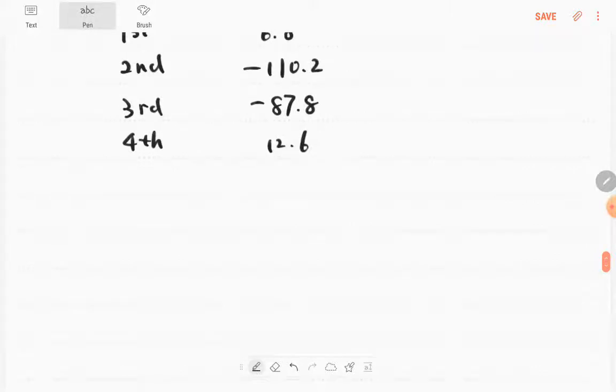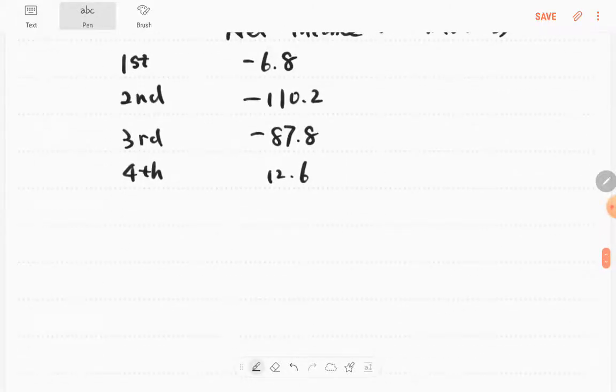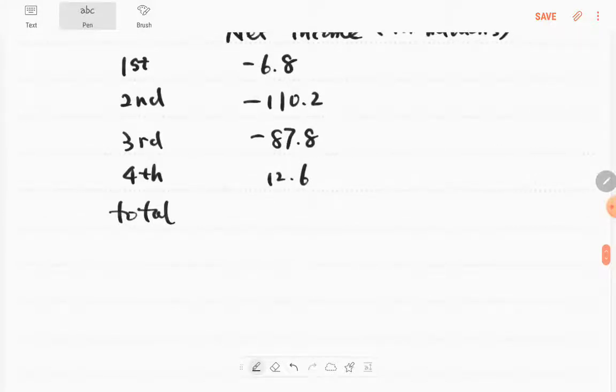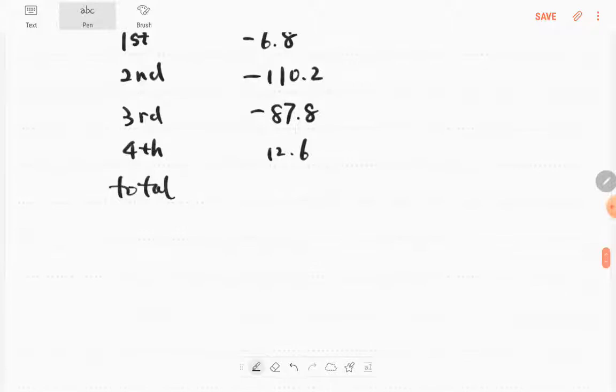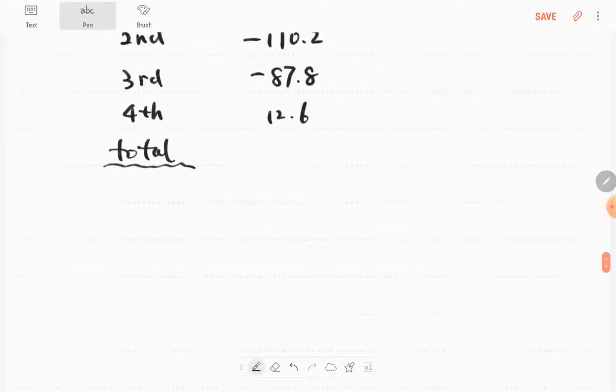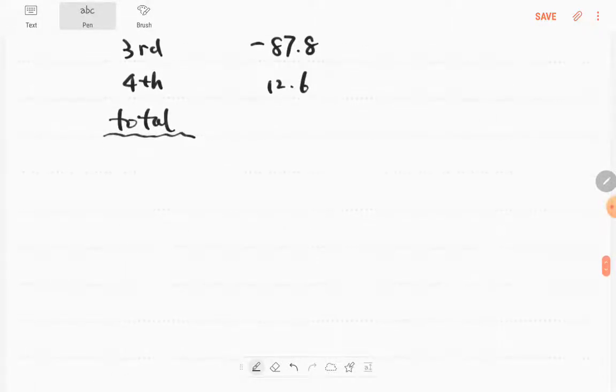We are interested in the total net income. We want to know the total net income. So, which means we should find the total, and the total is the keyword here. We need to do the addition. So we need to add them up, right?